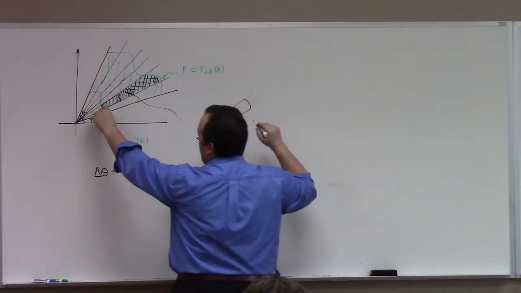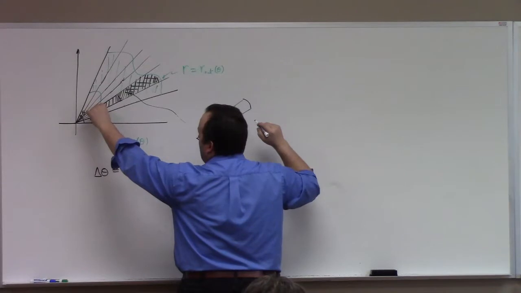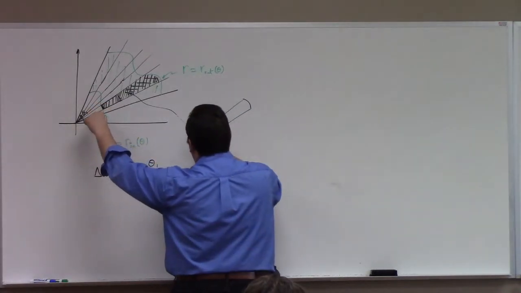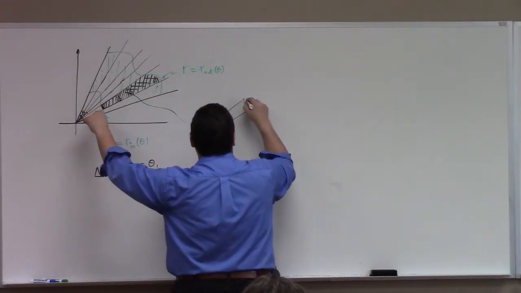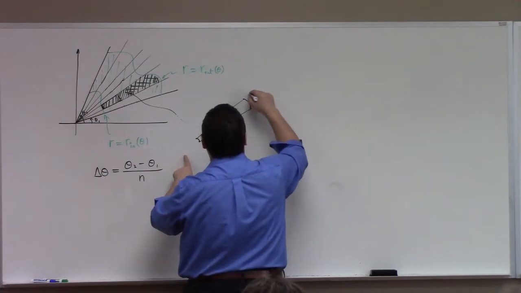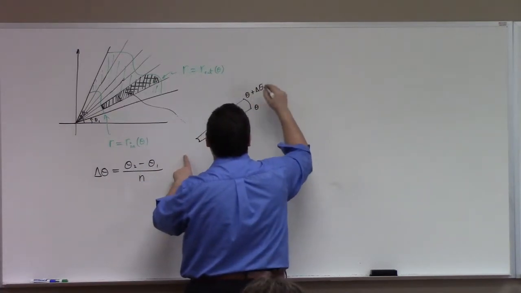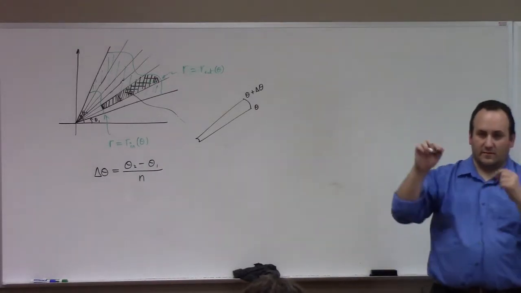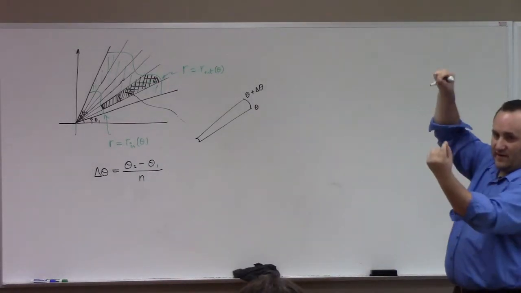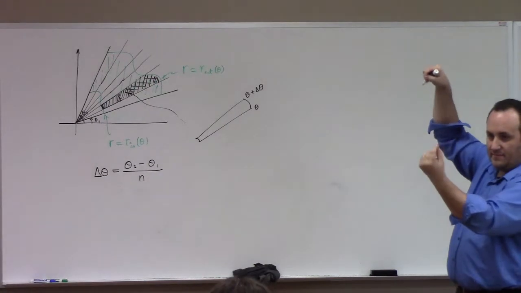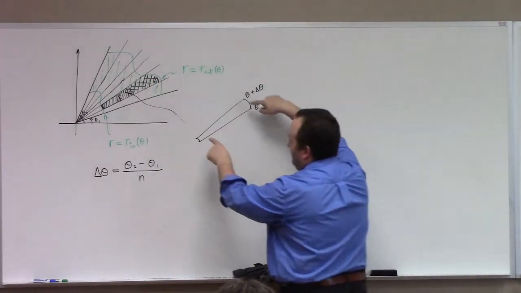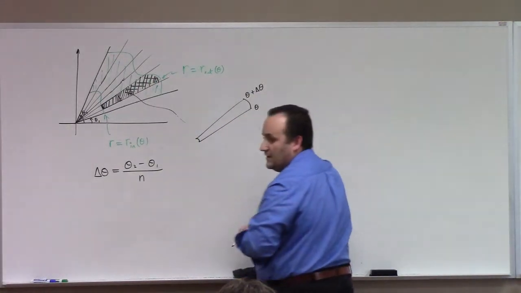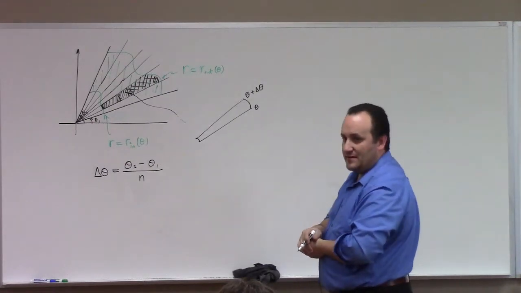And you notice that as n goes to infinity, it doesn't really matter if you're on one side or the other side, if you're at theta or at theta plus delta theta. It's essentially the same angle. So the inner and outer radius change very little along this arc, and it doesn't really matter which theta you use in the limit.